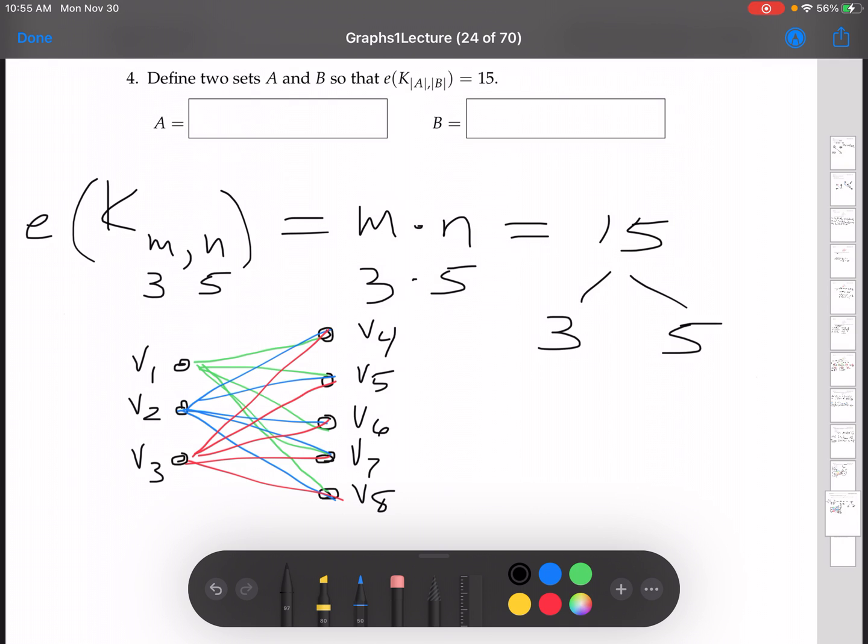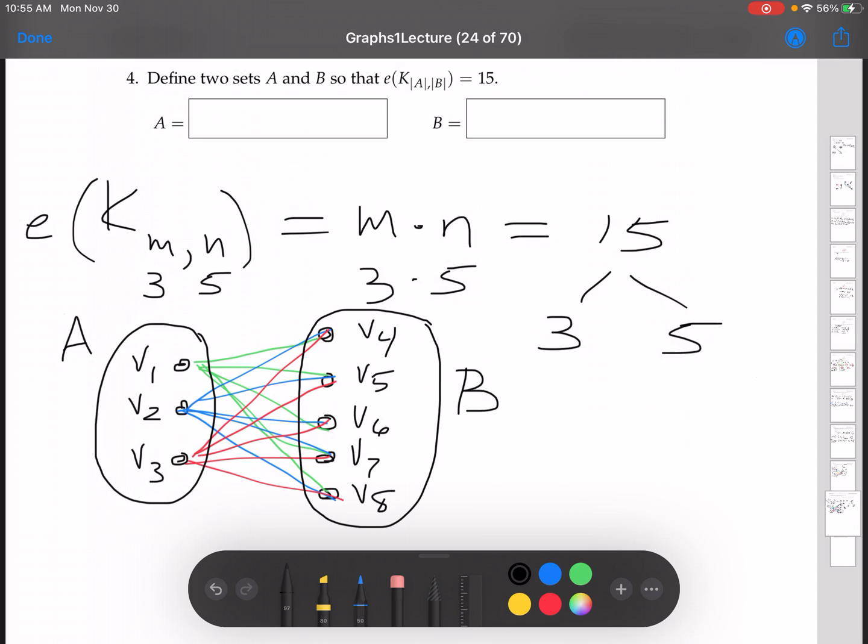All right, so we can think of this as being a set here. This is the set A. We can think of this as the bipartite set B. And notice that the cardinality of A is 3.